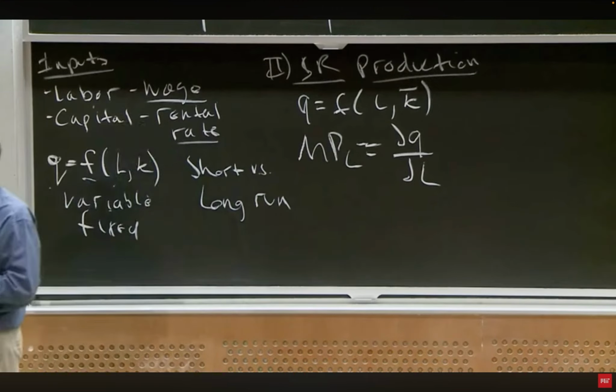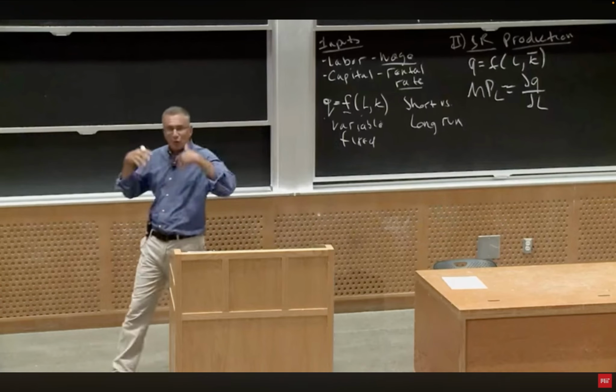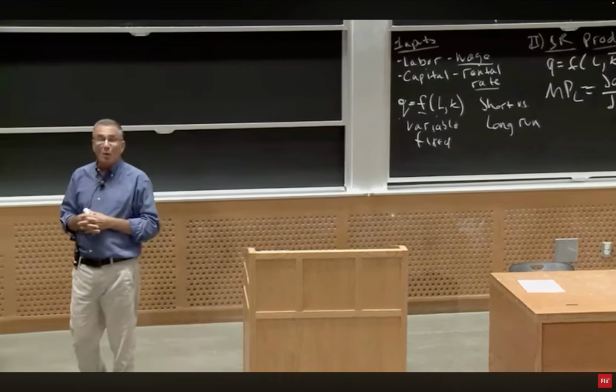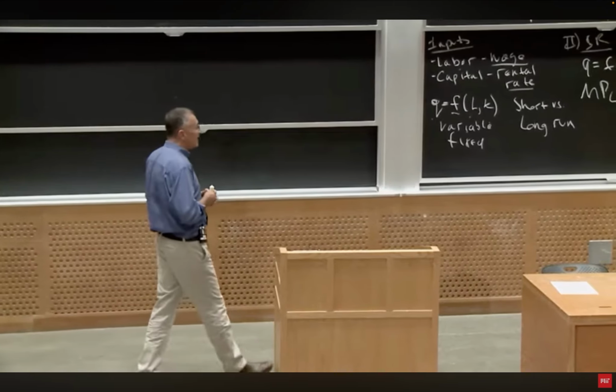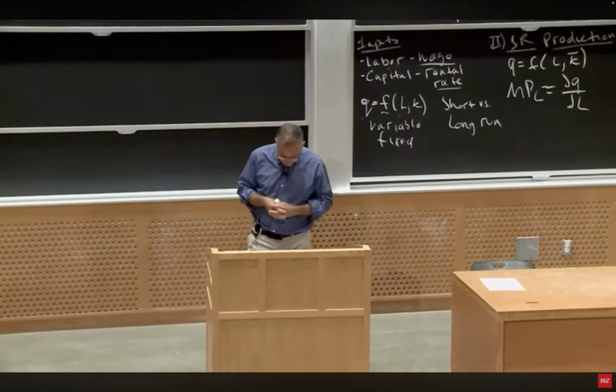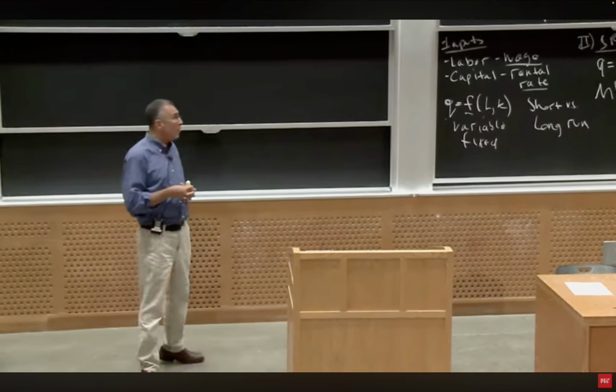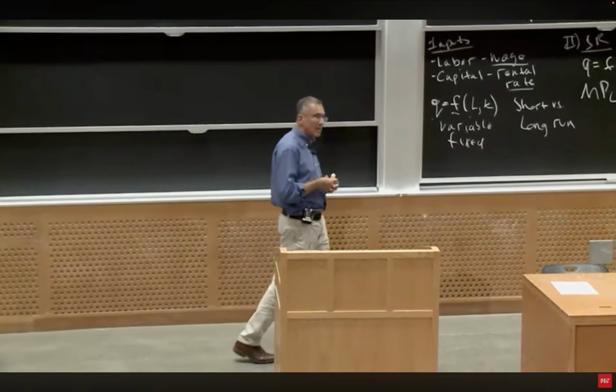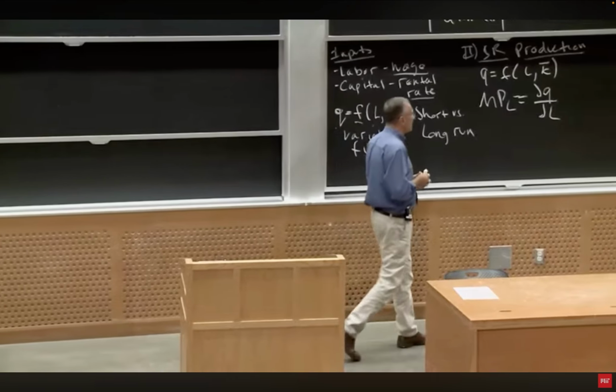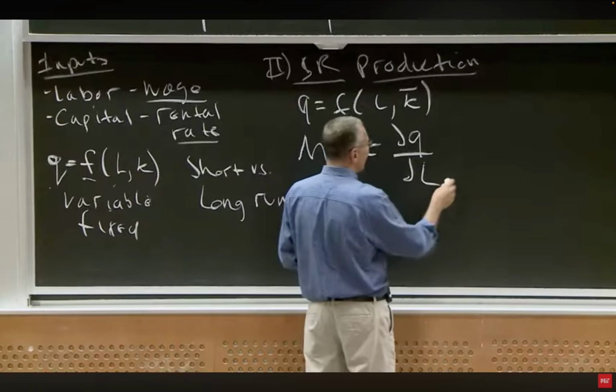That is, what is the marginal effect of the next worker? Remember, this course always works on marginal decisions. What is the marginal effect of the next worker on output produced? Okay? We are going to assume that in the relevant range, dQ dL is diminishing.